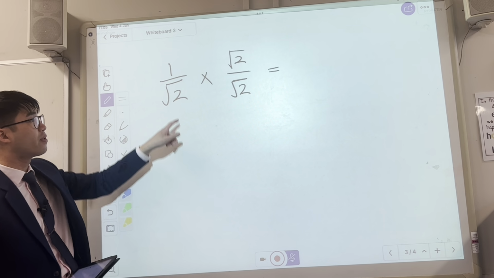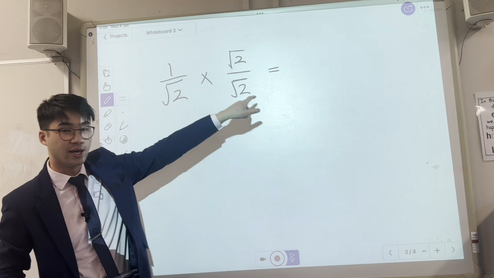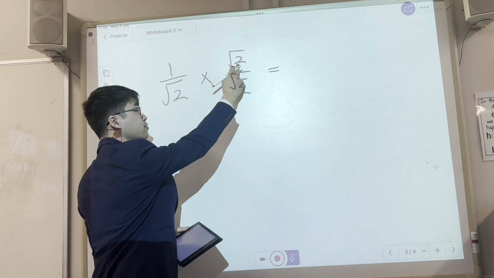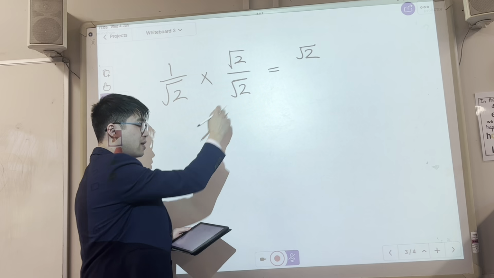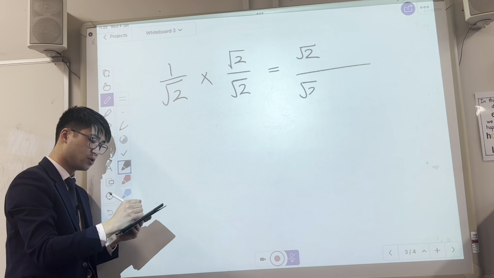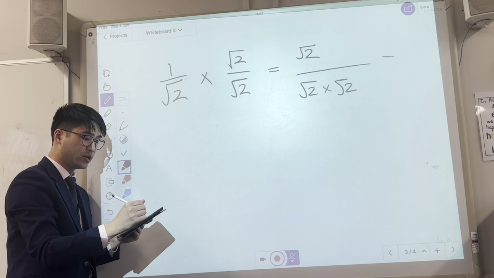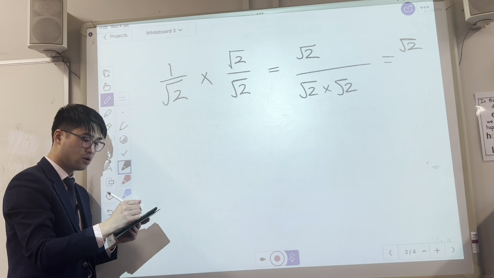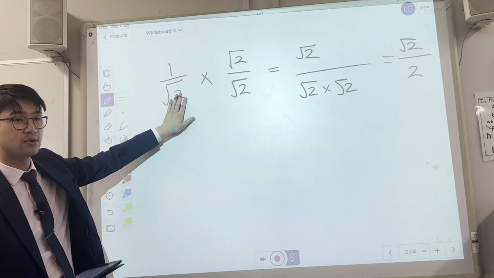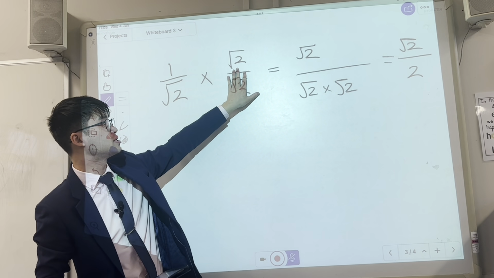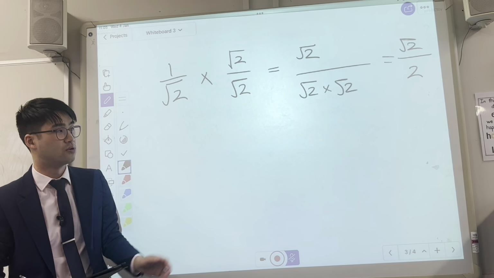But I can then rewrite this as 1 times root 2 to be root 2, and then root 2 times root 2, which we know is 2. So 1 over root 2 times this is equal to root 2 over 2.